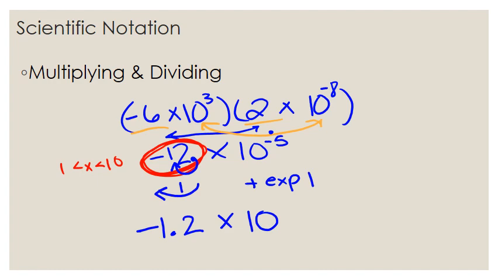So -5 plus 1 gets me to times 10 to the -4th. Okay, so when you end up with an answer, a number out front that is not between 1 and 10, you have to do one more step of converting to make sure it's between 1 and 10. Okay, so be very careful with that.